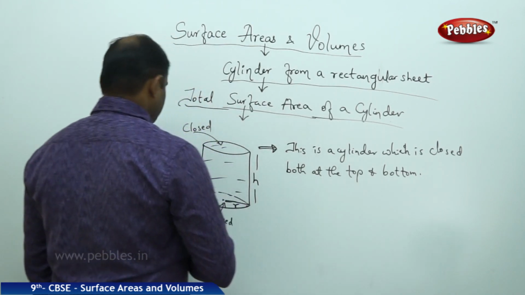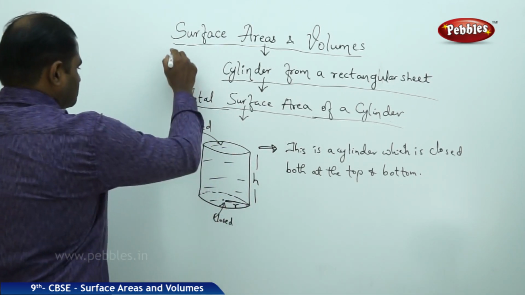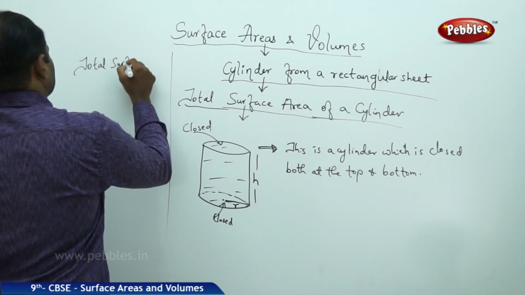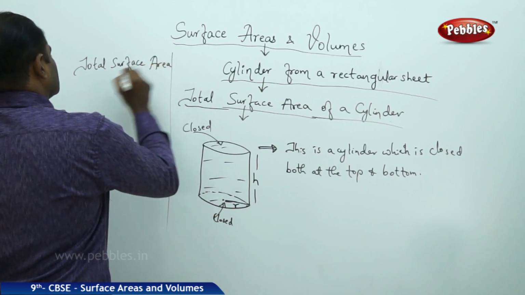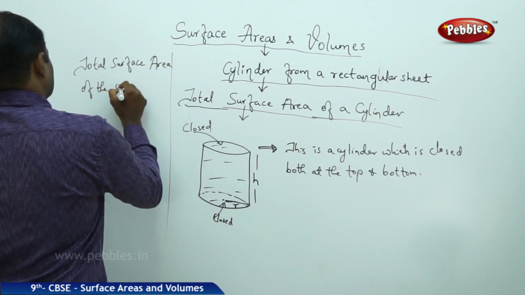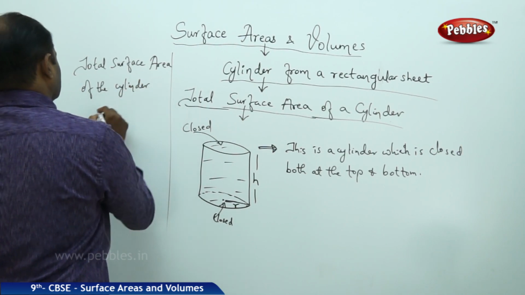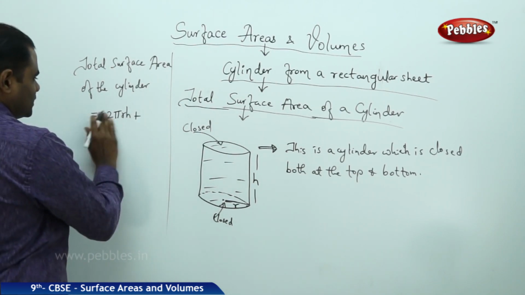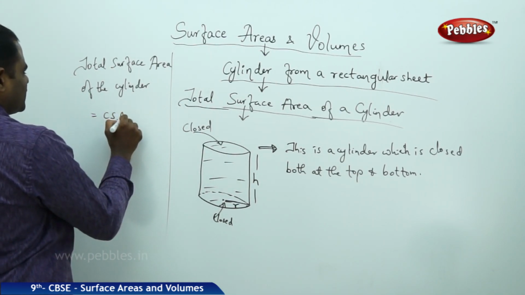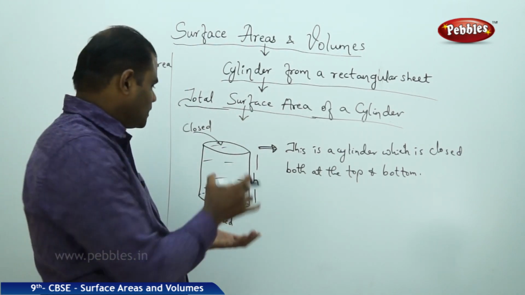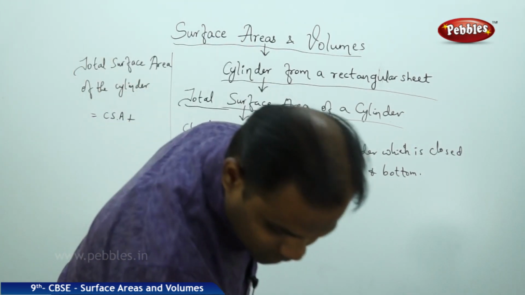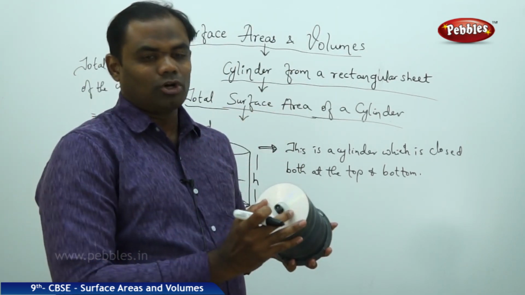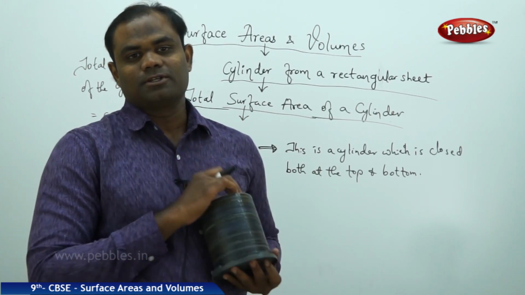So here we have the total surface area of the cylinder, which is 2 pi r h, because it is nothing but the curved surface area, which is the curved part, plus the top and the bottom. For example, the total surface area is the curved surface area plus the top surface and the bottom surface.